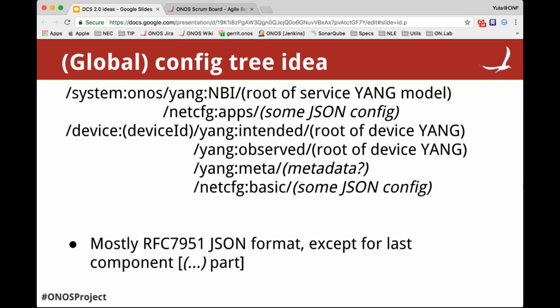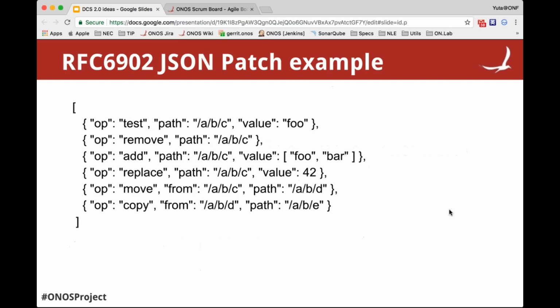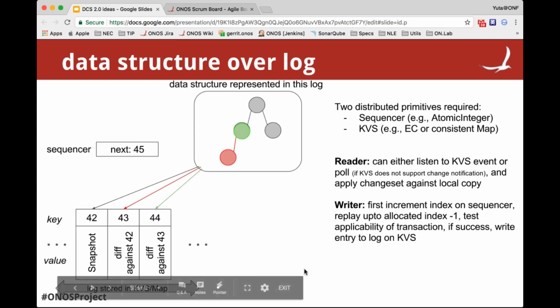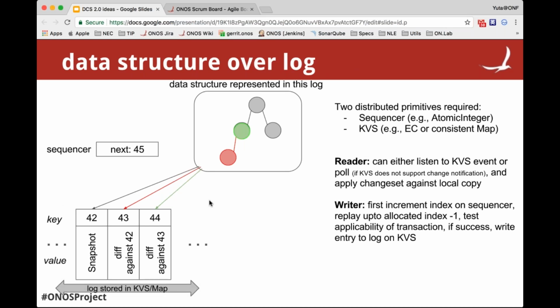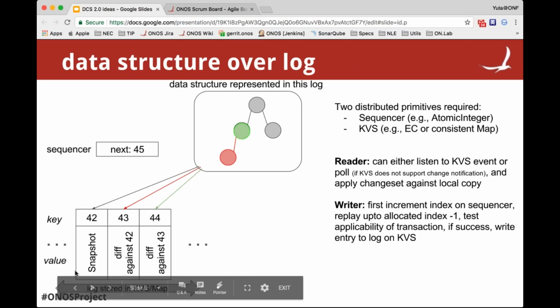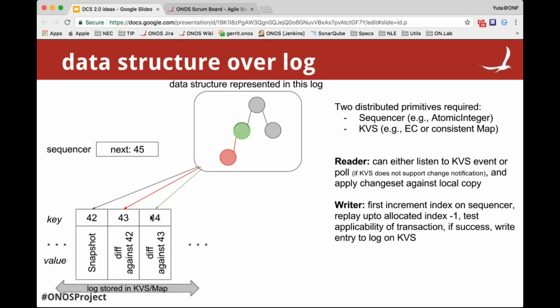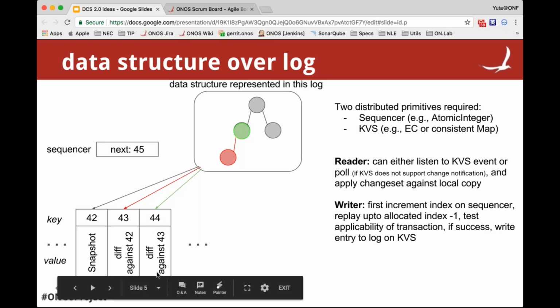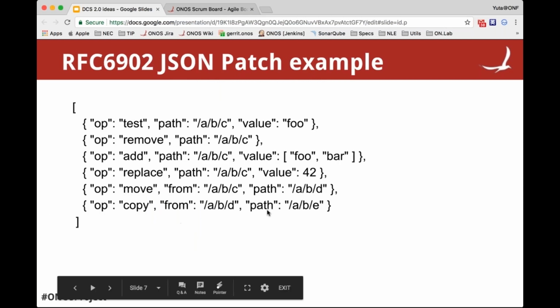In terms of notification, Yuta, would the new design generate a similar notification as the current version of DCS? I would assume that if we were to use either EC map or consistent map, the update is going to be at this level: new entry number X was added and the value was something, and that something is going to look like this.